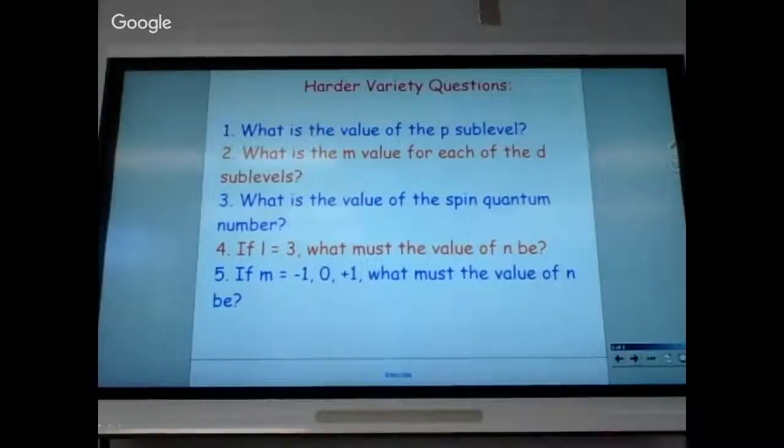M is minus L to positive L. That's why they're just slightly harder. They're not hard. One thing I have to do is put what L equals. Is that the -2 to +2 thing? Yeah. So we write out the values, or we just write that?